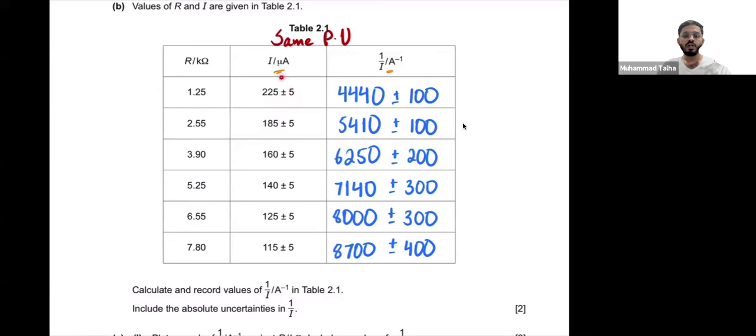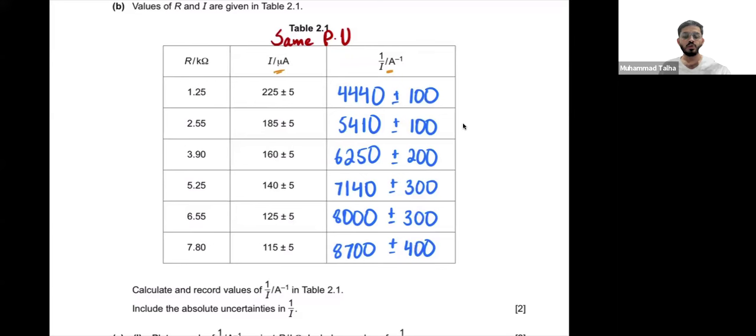So 5 over 225 would be the fractional uncertainty. I just multiply it by this principal value and get the value here. So for example, 5 over 225 times 4440 turns out to be 98.667. But again, absolute uncertainties are always 1SF. So this turns out to be 100.